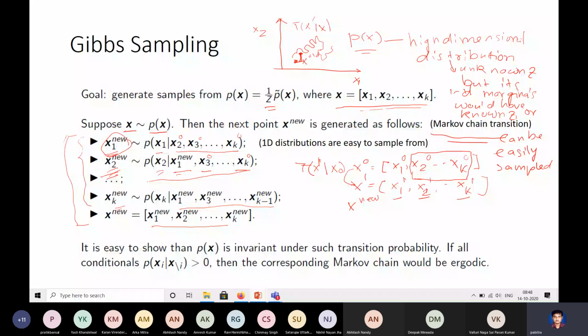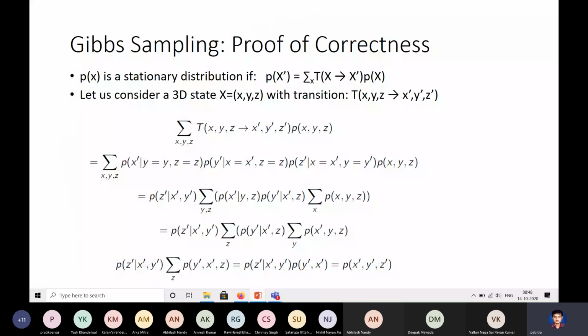I am proving it only for a three-dimensional discrete distribution. You can generalize it. It's easy to realize that it can be generalized to anything. So I have to prove that P is a stationary distribution of T(x).